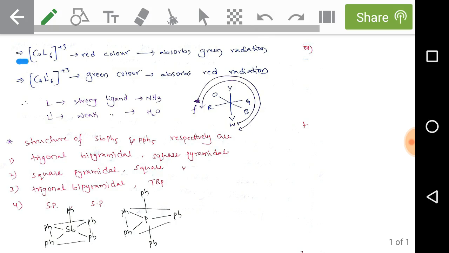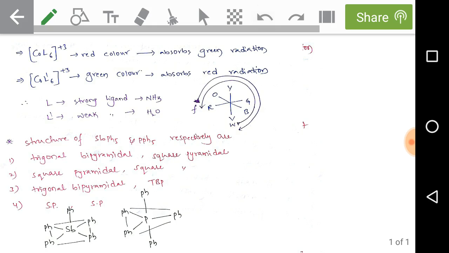The first cobalt complex with ligand L shows red color. That means it should absorb green radiation. You can see that it is showing red, so its opposite color is green, that means it should absorb green radiation. At the same time, the second complex showing green color should absorb red radiation.